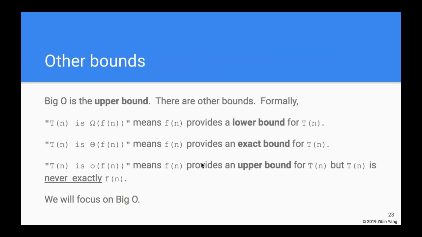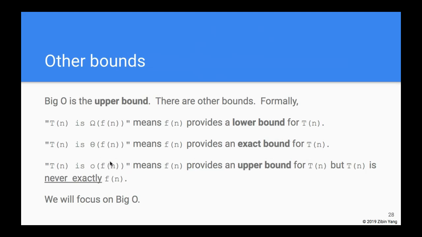But informally, what the omega provides is just a lower bound, versus the big O, which is the upper bound. And theta provides an exact bound. So it's neither upper nor lower, it's exactly what it is.